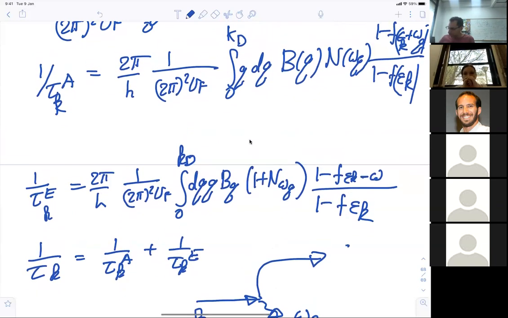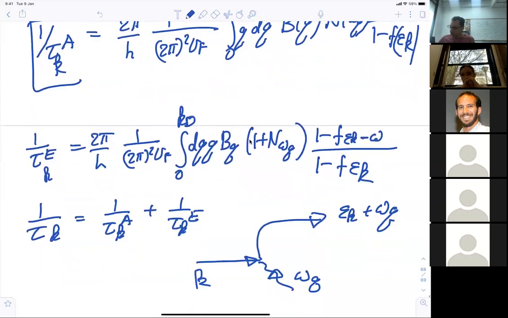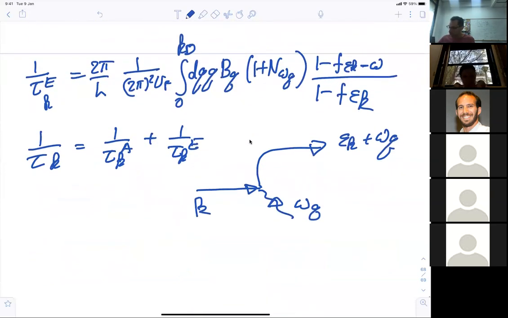So its energy becomes epsilon k plus omega q. And this is this guy. And another process is called emission, and this absorption. So it requires a pre-existent phonon because you gain energy from phonons. So you need to have phonons to gain energy. Therefore, this is proportional to n of omega q.